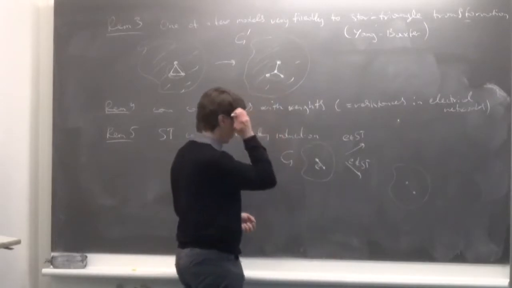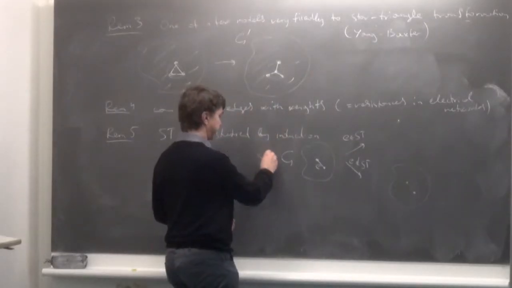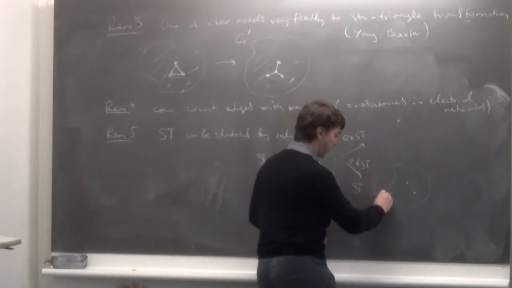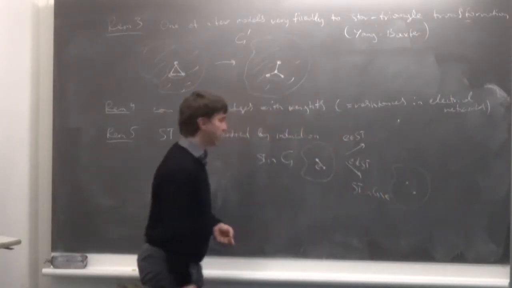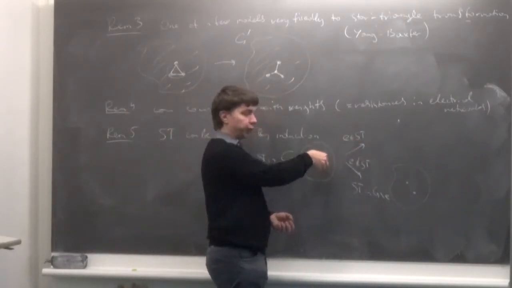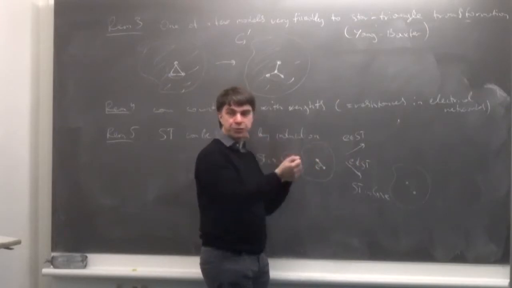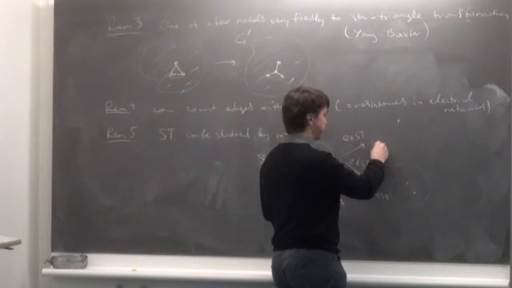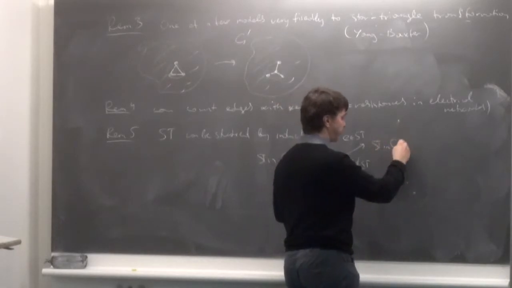So you have a spanning tree in G minus the edge E. Now, if the edge E belongs to the spanning tree, then you can contract it. You just fuse these two vertices, and your spanning tree is a spanning tree in G with E fused.